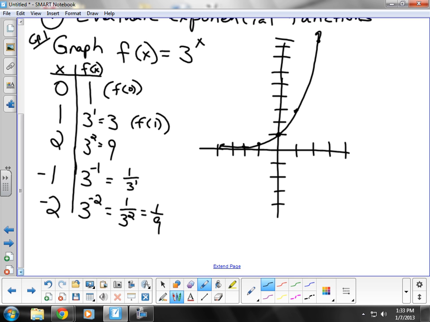Isn't that what that means? That's what we've done, we've been evaluating this function. And once we evaluate it and find the ordered pairs, then I can plot those and draw the graph. Or, like we did earlier in the year, if I'm given the graph, from the graph I can evaluate those points, right? All right.